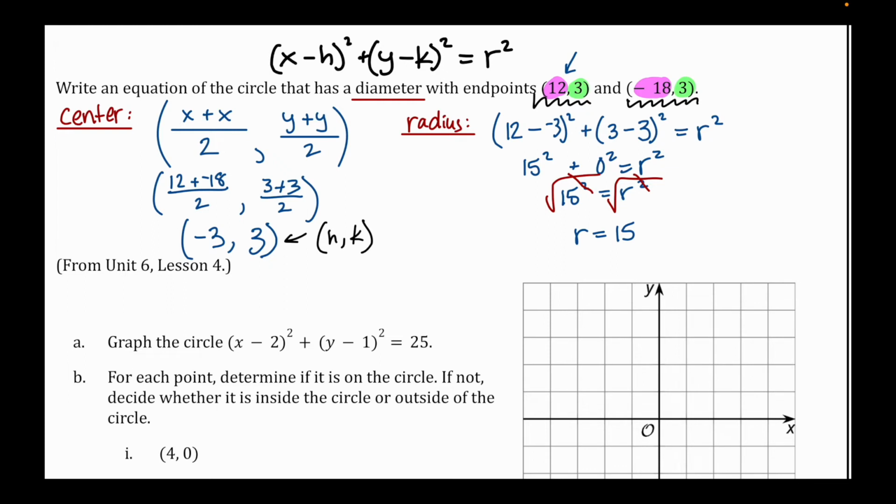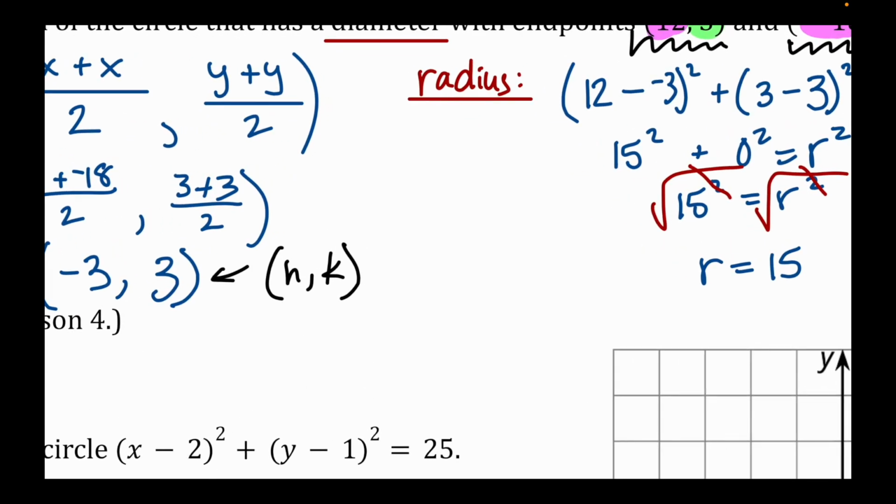I'm going to try to write this in the middle here as my answer, and then I'll put a box around it so it's less complicated. That means I'm going to have (x + 3)² + (y − 3)², and I'm going to have it equal to 15 squared.